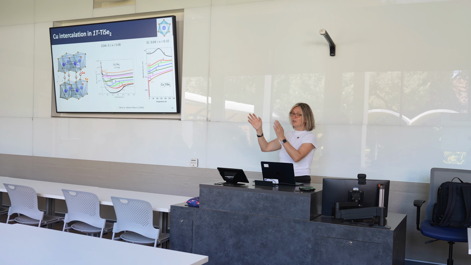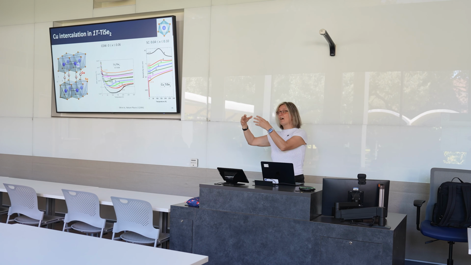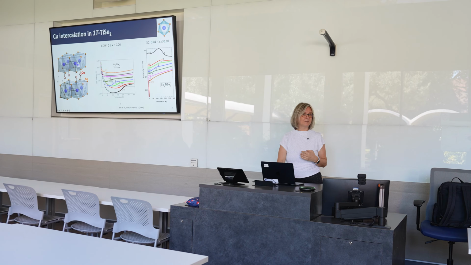So when you're in the metallic state at high temperatures, you have one susceptibility. What should happen to this susceptibility if now you open up a gap and therefore lower the density of states at the Fermi level? The susceptibility should decrease, right? And that's what we're seeing here. We're seeing a step down in susceptibility at the charge density wave. And what you notice is that as x, the amount of copper, increases, the CDW goes down.